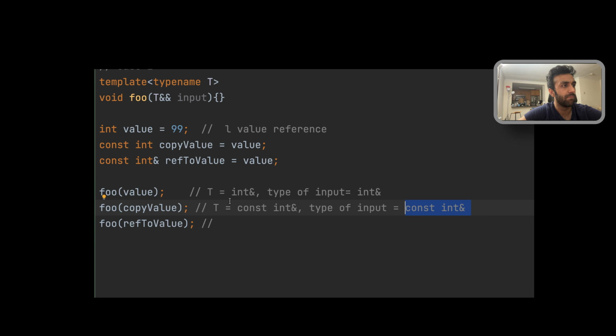Okay, because again copy value is an L value reference, and for an L value reference template T is deduced by adding a reference.